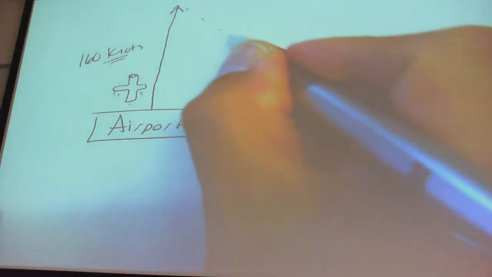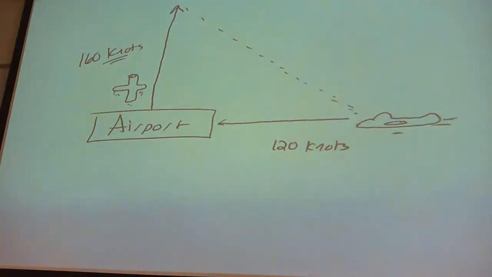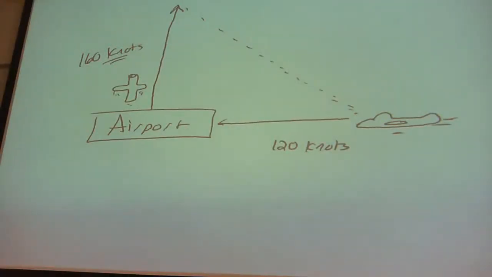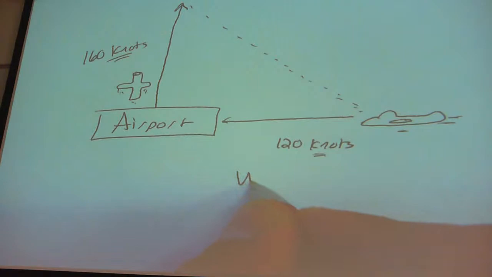And if I connect it like this, we have a right triangle. So it's kind of like the last one so far. Now remember, knots is how fast it's traveling. Now, just like last time, because we have a right triangle, let's call this one W for westbound.